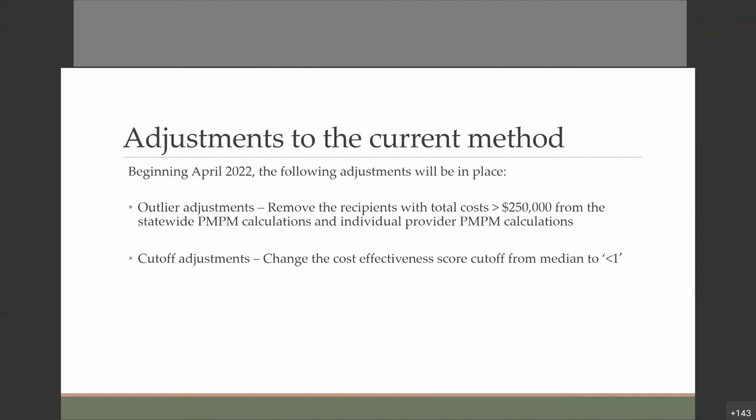So beginning April 2022, so the very next quarterly bonus payment, we will make the following adjustments to the process. So first, in order to exclude some outliers, we're going to remove the recipients with a total cost of $250,000 or more from the statewide PMPM calculations and the individual provider PMPM calculations.